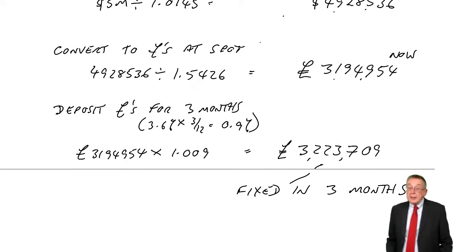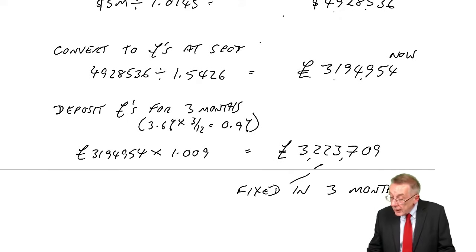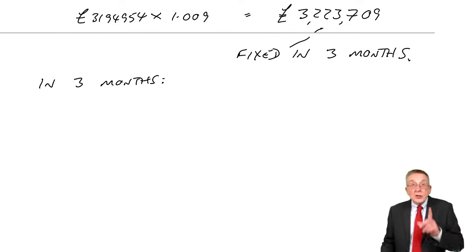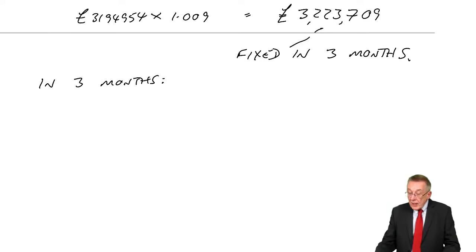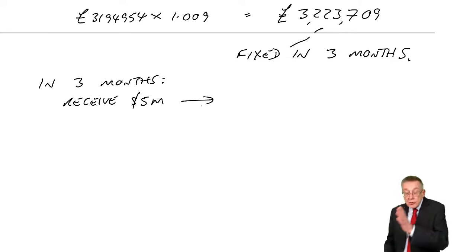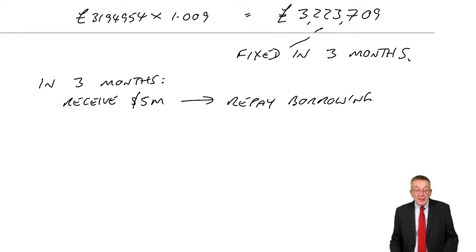And to be clear, I know it's a bit messy, the first time you see it, but be clear what will happen in 3 months' time. Two things happen. We receive the money from the customer, and that will go straight to repaying the borrowing. In 3 months' time, we'll owe 5 million.